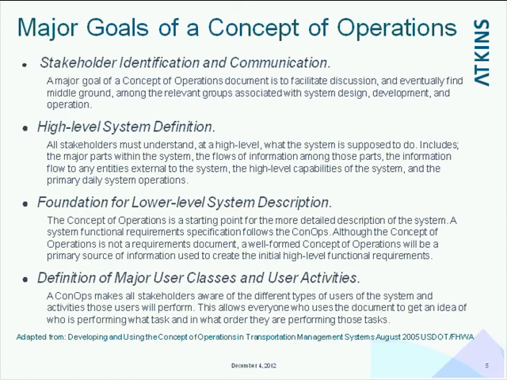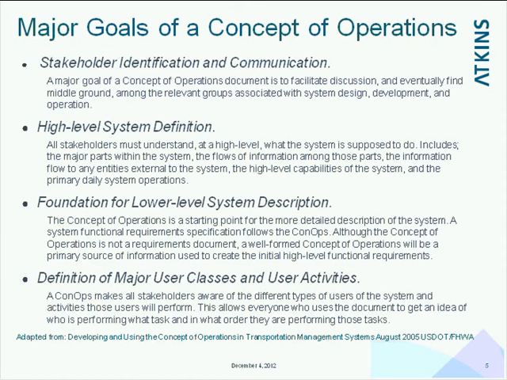And then you get into a very high-level definition of the system. The ConOps serves as a foundation for the lower-level system description because stakeholder, also known as user, needs are established early in the system engineering process, and you understand what people think they want. You develop that into a concept of operations, and that will lead to functional requirements.